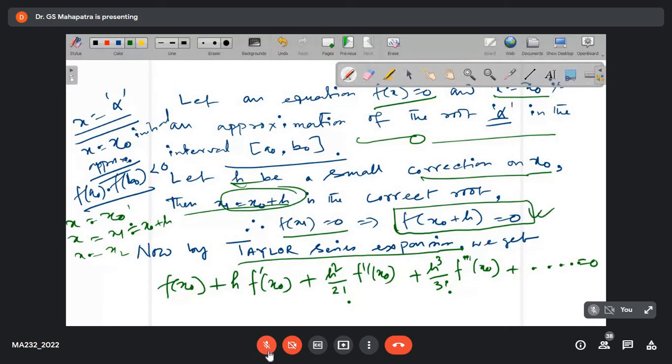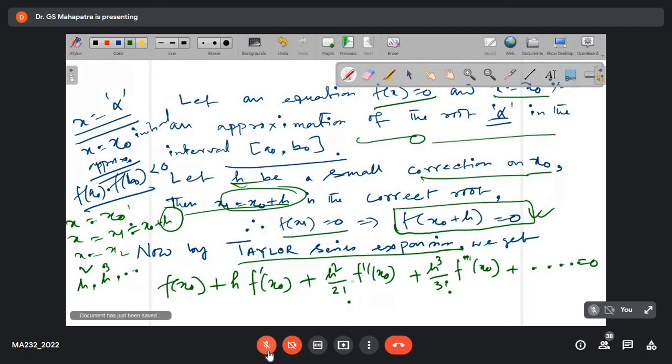Fine. What is the value of h? h is a very small quantity. So if h is a very small quantity, what about h square and h cube and so on?